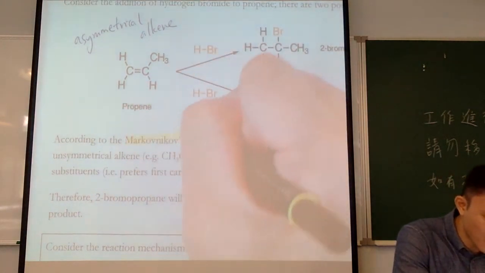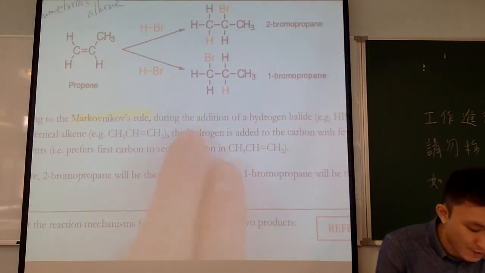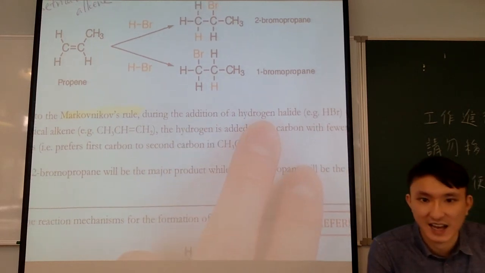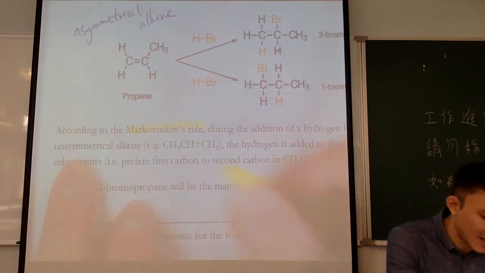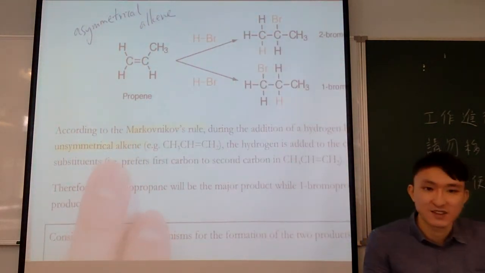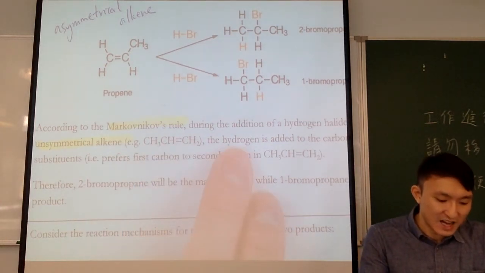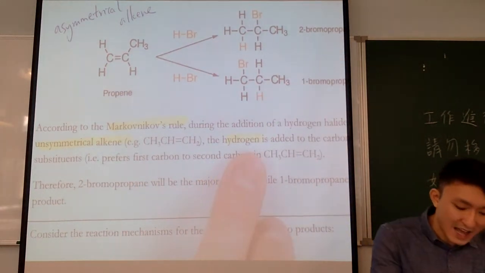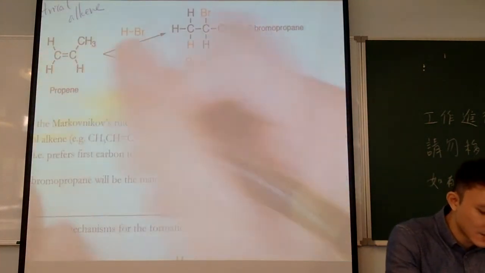So this Markovnikov rule, let's see what he says. He said that when we have an addition of hydrogen halide, HBr, to an unsymmetrical alkene, that means asymmetrical, for example, propene, the hydrogen will be added to the carbon with fewer alkyl substituents.